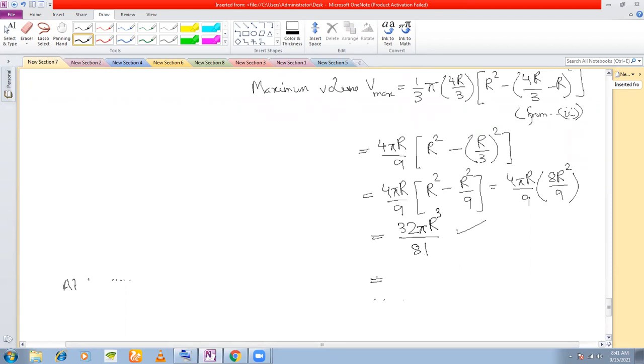Or a better way is, because you are getting a pi r cube here, what is the volume of a sphere? It is 4/3 pi r cube. So if I can separate 4/3 pi r cube from here, which is the volume of the sphere, I'll get this as 8 by 27. So what do I see? I'm getting 8 by 27 times the volume of the sphere. Okay. So what is the maximum volume of the cone? Maximum volume of the cone is 8 by 27 times volume of the sphere. You can leave your answer here also.